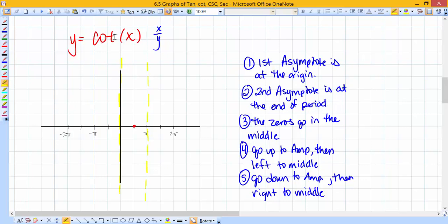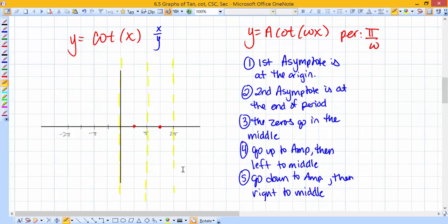Well, just like tangent, cotangent has a period of pi over omega. And here my omega was 1, so my period is pi. Second asymptote is at the end of the period, pi. Now I'm going to put in my next 0. I go to 3 pi over 2, I get 0. I go to 2 pi, I get another undefined.